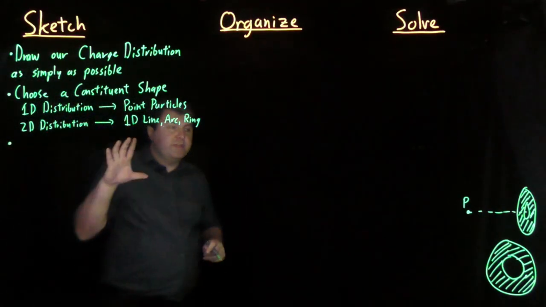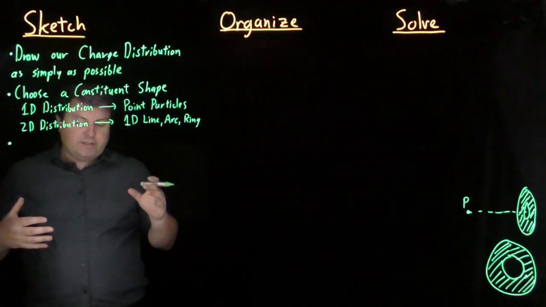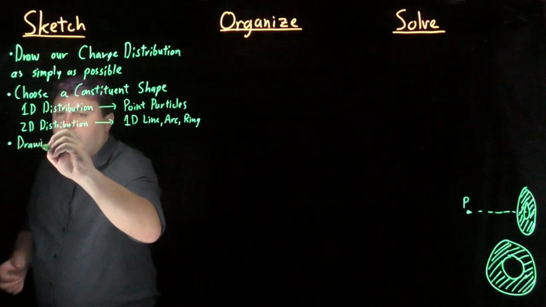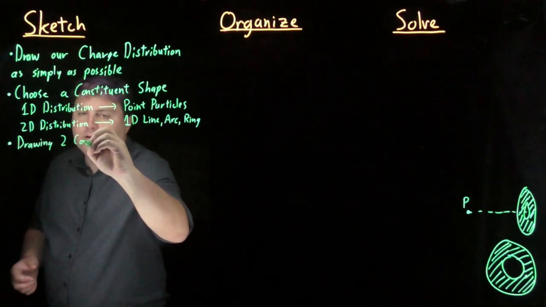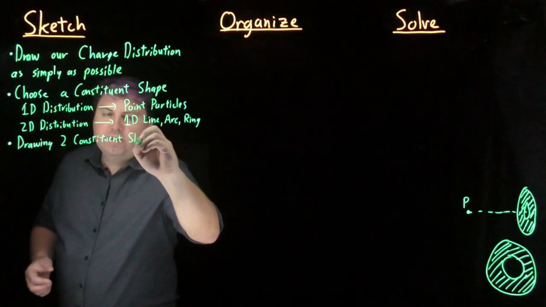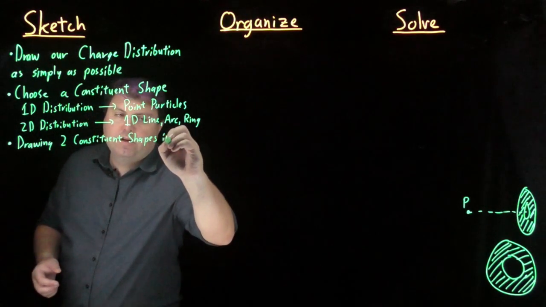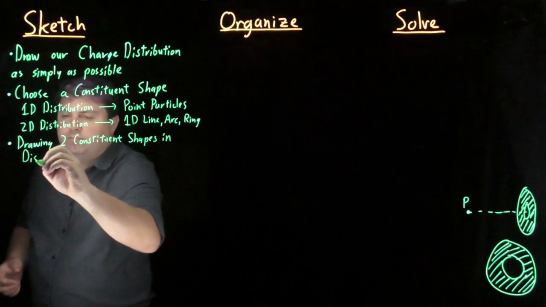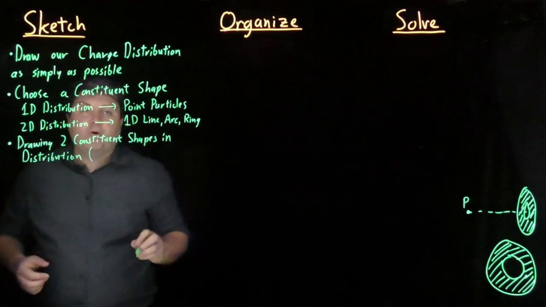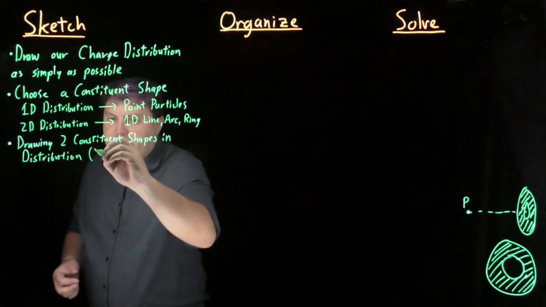And once we have this constituent shape, we want to show what this constituent shape is by drawing two constituent shapes in the distribution. If we're doing point particles, we'll often represent these as slices.